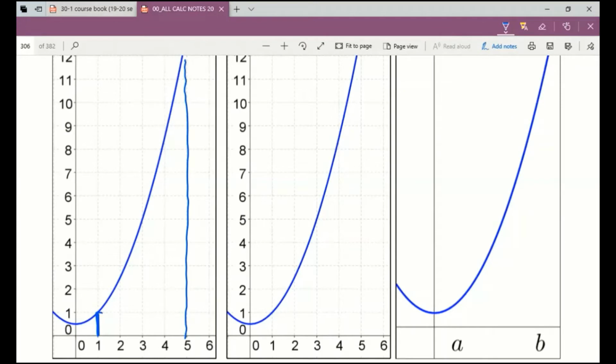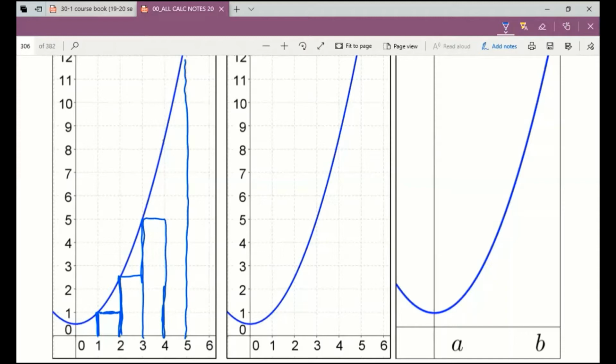This first rectangle tops out and hits this line at a height of 1. When x is 2, it seems to go to about a height of 2.5. When x is 3, we seem to have a height of 5 here.